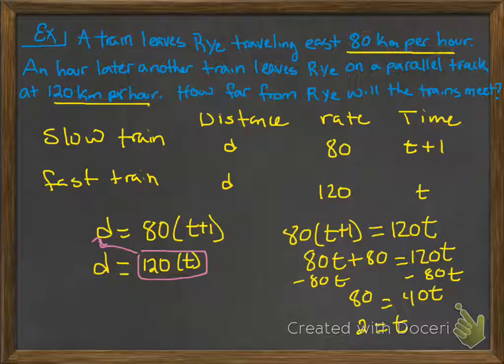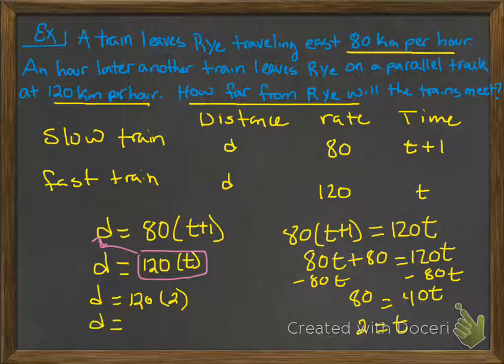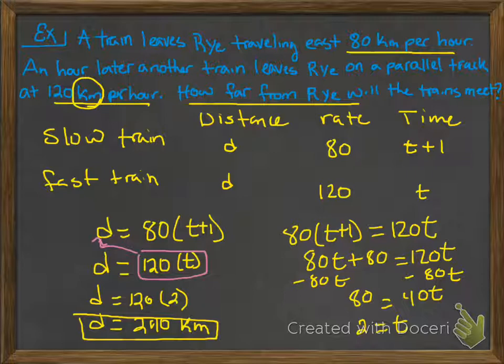So I know after 2 hours they'll meet. But that's not the answer to my problem. My problem is how far from Rye they will meet. So I'm going to plug 2 hours back in. d = 120 times 2. d = 240. So after 240 kilometers, and I'm going to use the same units that I have right there, 240 kilometers is where they'll meet.